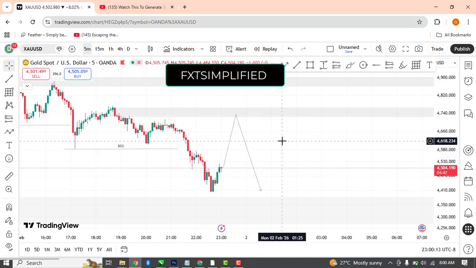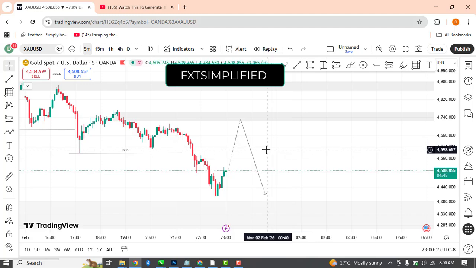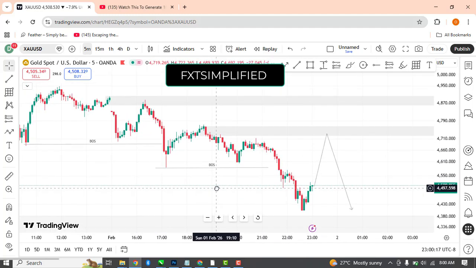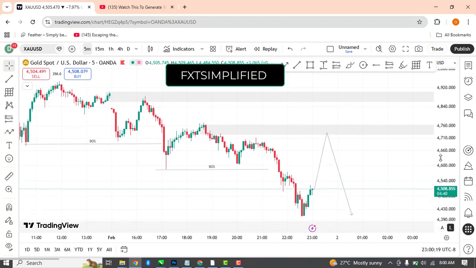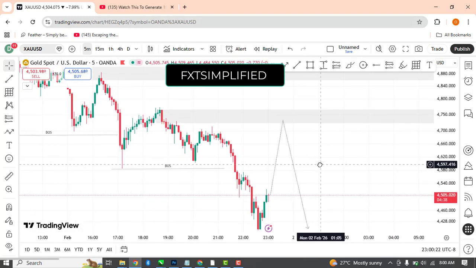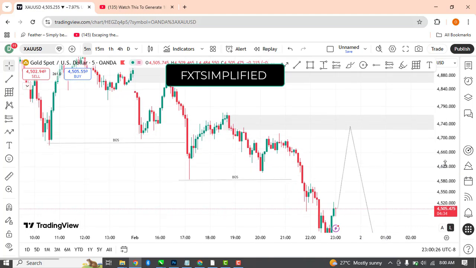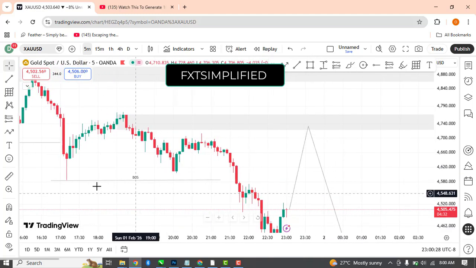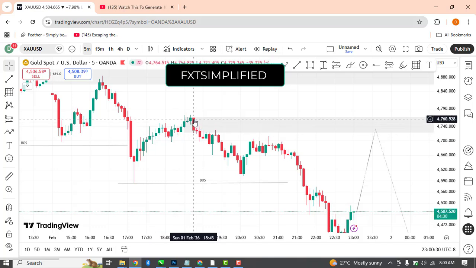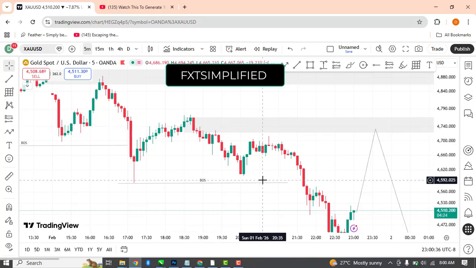The confirmation candle that we'll be looking out for is a bearish engulfing or a pin bar, right? The example of a bearish engulfing is this candlestick. This is the candle that confirmed this downward movement.